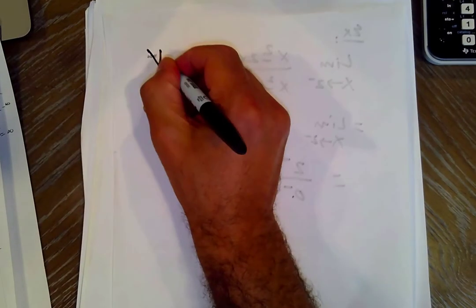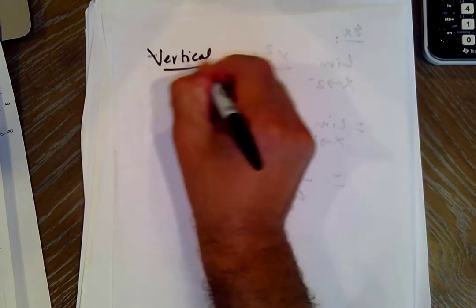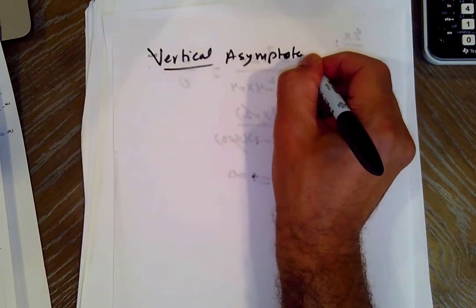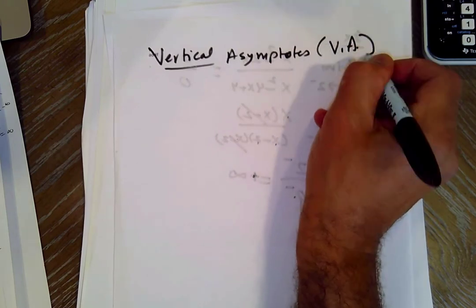Finally, we're going to do vertical asymptotes from this section. Vertical asymptotes. The shortcut is VA.